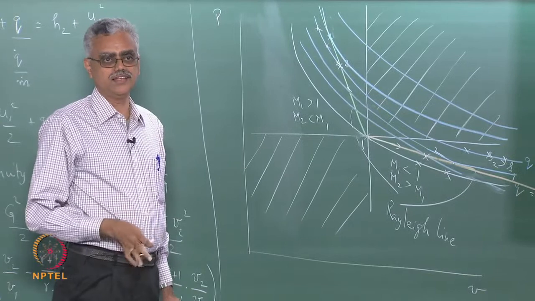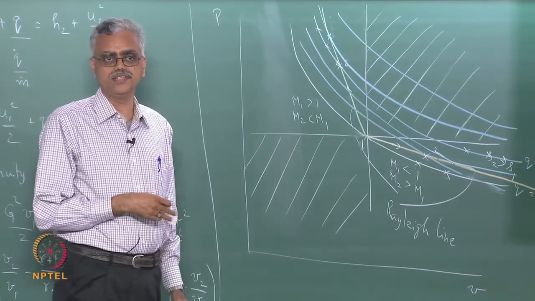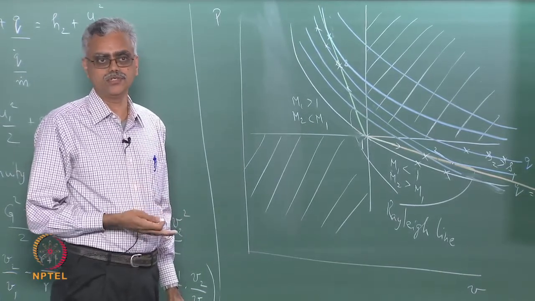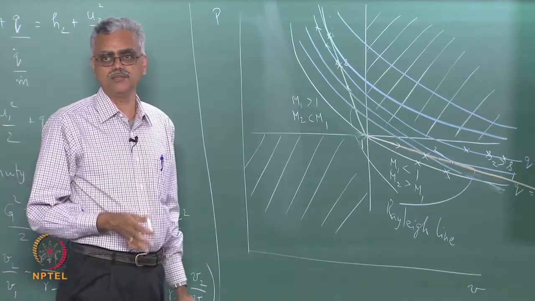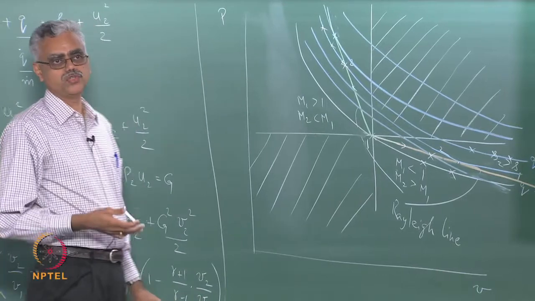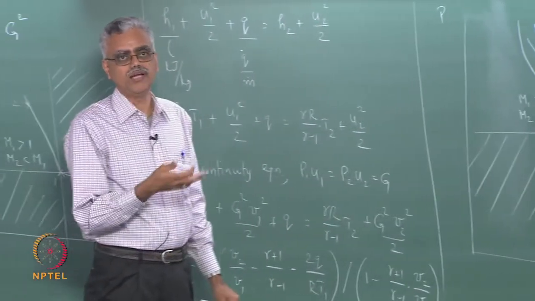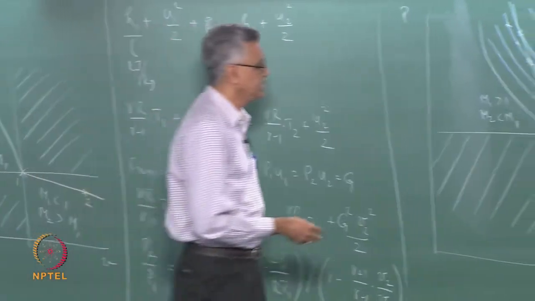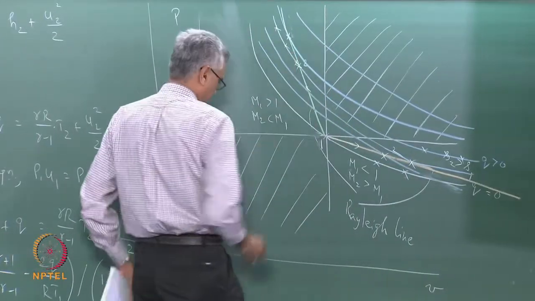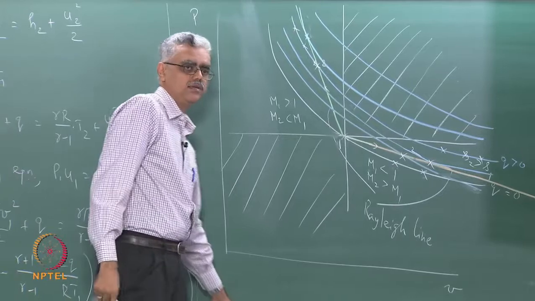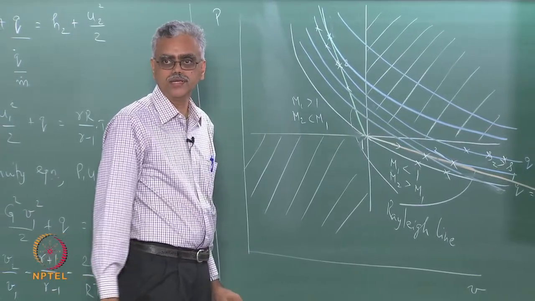Intuitively, you realize that that is the point where we attain the sonic state, but we need to prove that. In the previous case, we clearly showed mathematically that as M approaches 1, dT/ds approaches minus or plus infinity. So here we need to prove that at this point of tangency, both here and here, the Mach number is equal to 1. So that is what we are going to do next.